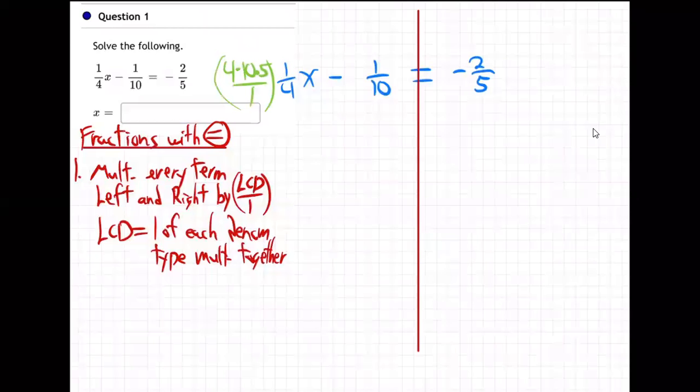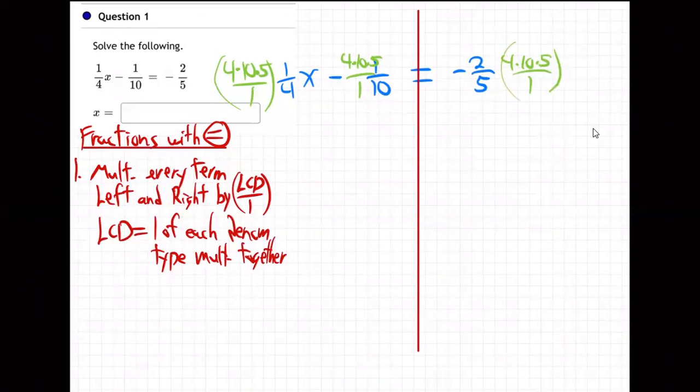See how that's this guy, and this guy, 4, 10, and 5, all put together? You see what I'm doing? Same thing here, 4, 10, and 5 over 1. And same thing here, 4, 10, and 5 over 1.